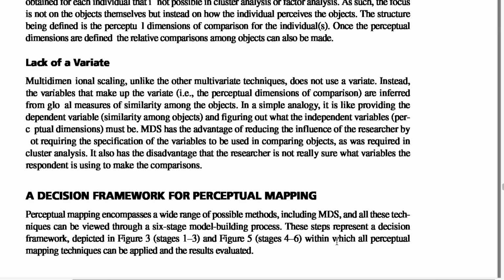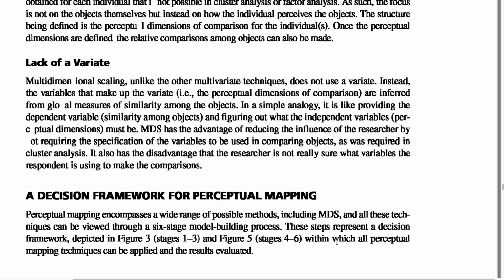Lack of a variate. Multidimensional scaling, unlike the other multivariate techniques, does not use a variate. Instead, the variables that make up the variate, that is the perceptual dimensions of comparison, are inferred from global measures of similarity among the objects.